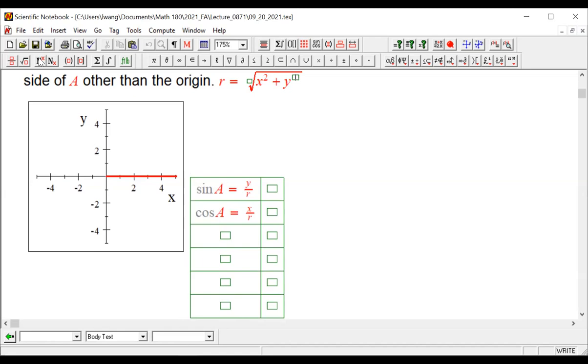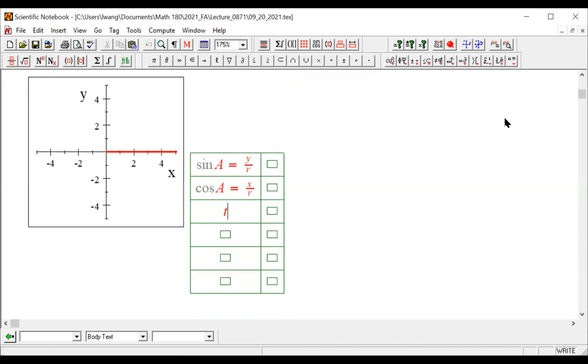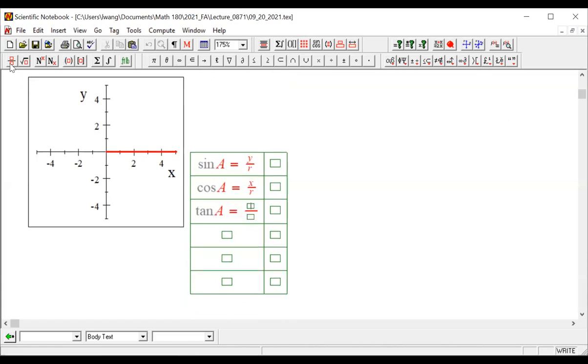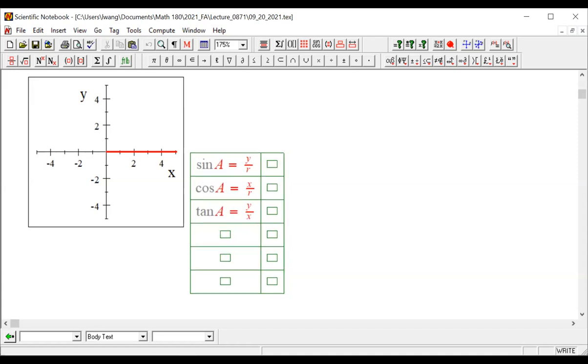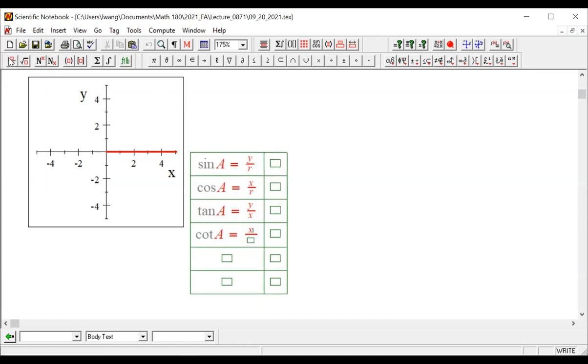And from here, you also understand why we cannot pick the point at origin, because at the origin, r will be 0, right? And we'll be dividing by 0. We don't allow ourselves to do that. And tangent A is y over x. Cotangent A is x over y.